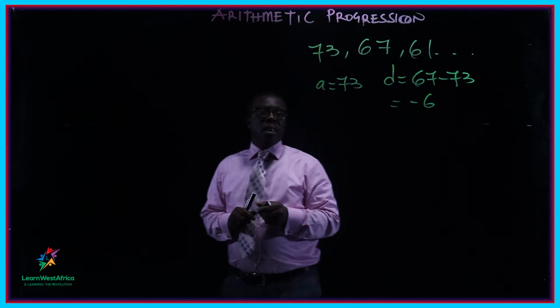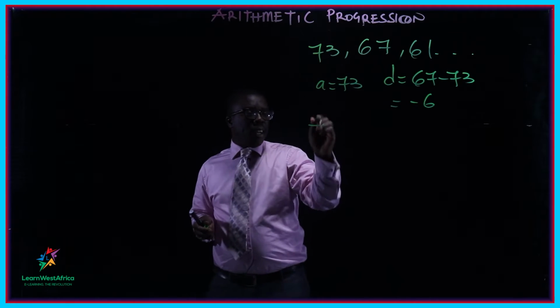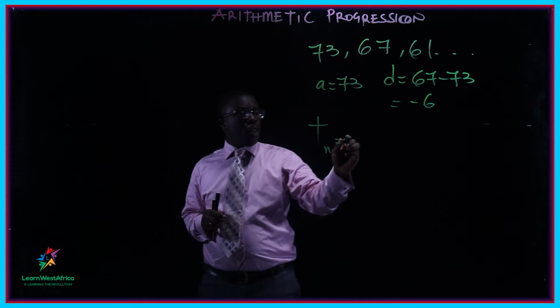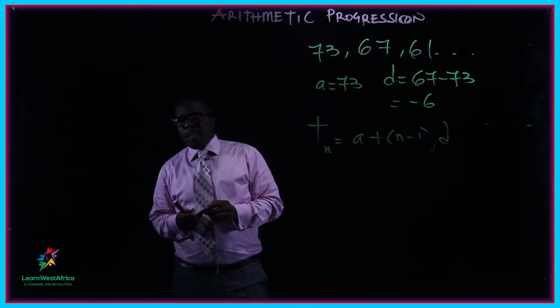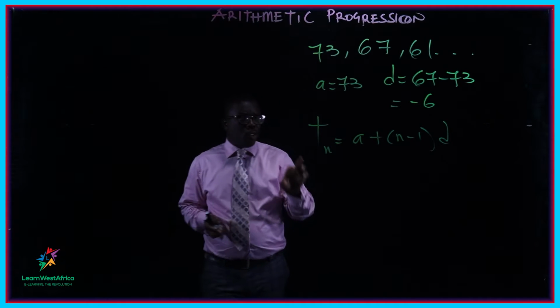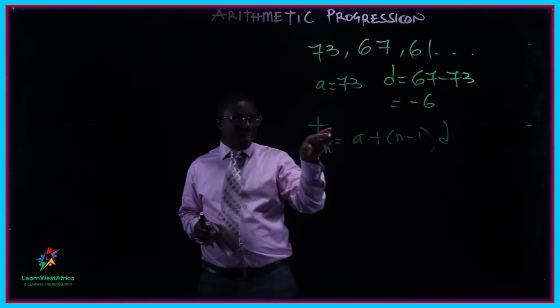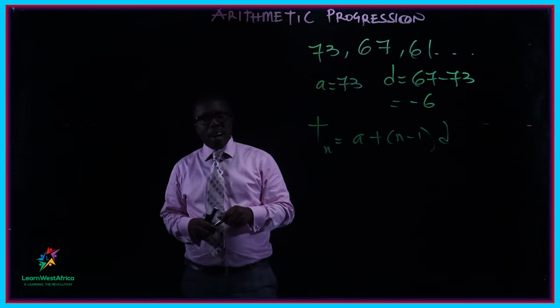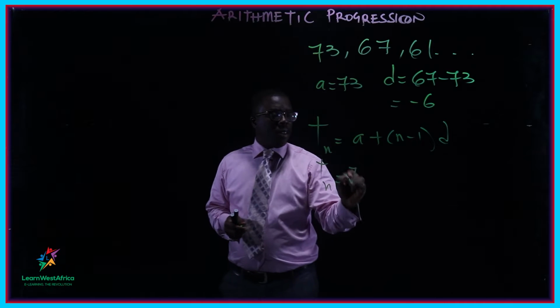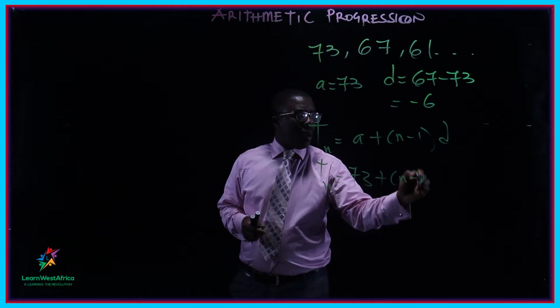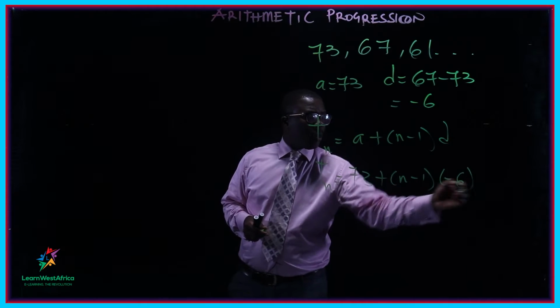Now we know that the nth term of an AP is given by A plus n minus 1 times D. The question says we should find the nth term, so we replace A and D with the values that we have. Our nth term Tn will be 73 plus n minus 1 times minus 6.